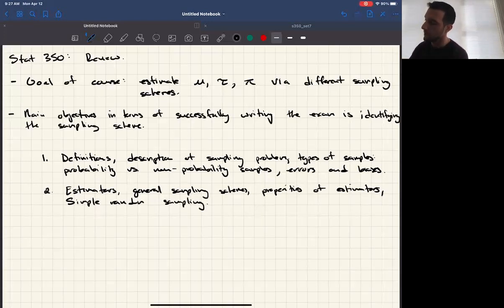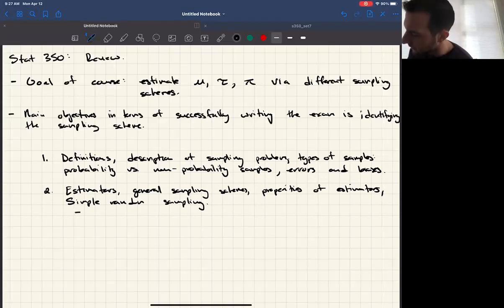Okay. And within simple random sampling, we talked about, again, the main goal of the course, which was to estimate mu, tau, and pi. And then we also looked at the properties of those specific estimators. So we talked about showing that the mean estimator under simple random sampling is unbiased, right?